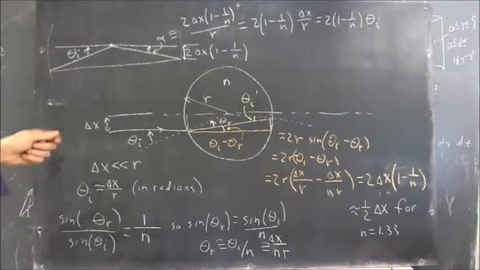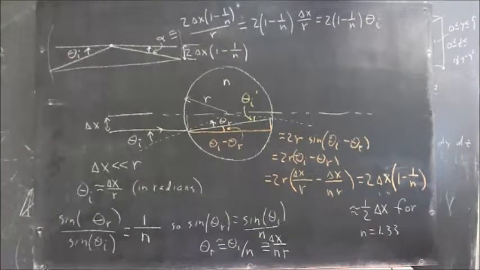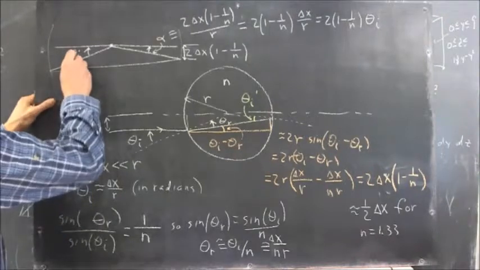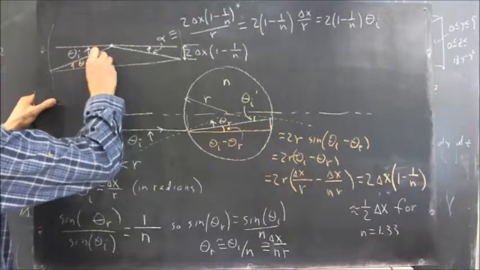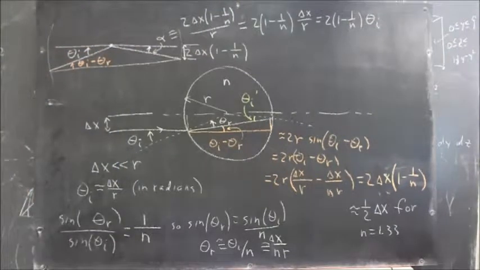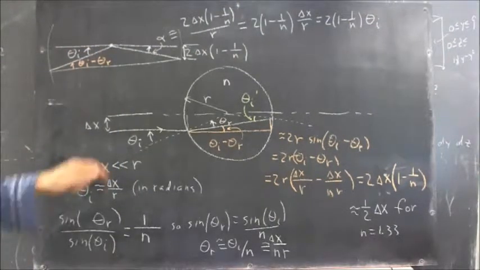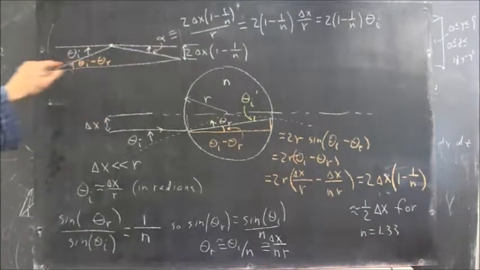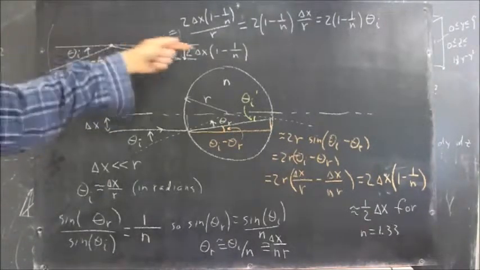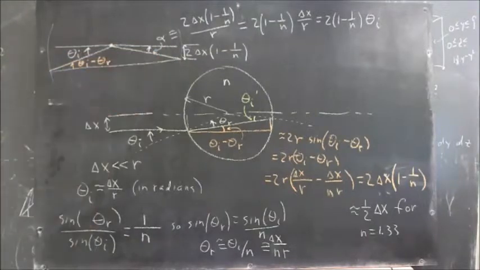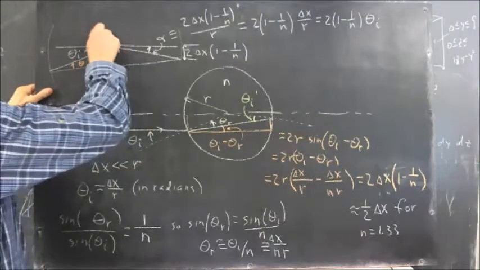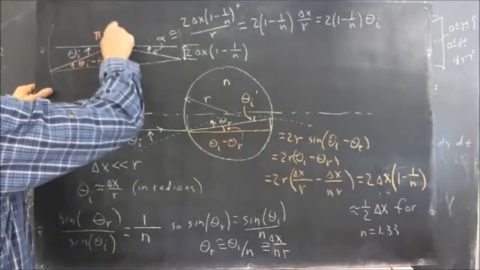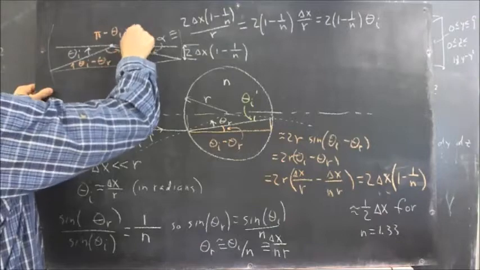So what do we have inside the triangle? Well, we have the angle that I labeled down here, theta I minus theta r. Here, we have a straight angle. This obtuse angle is just equal to the straight angle minus theta sub I minus alpha. So I'm going to label this as pi minus theta sub I minus alpha.